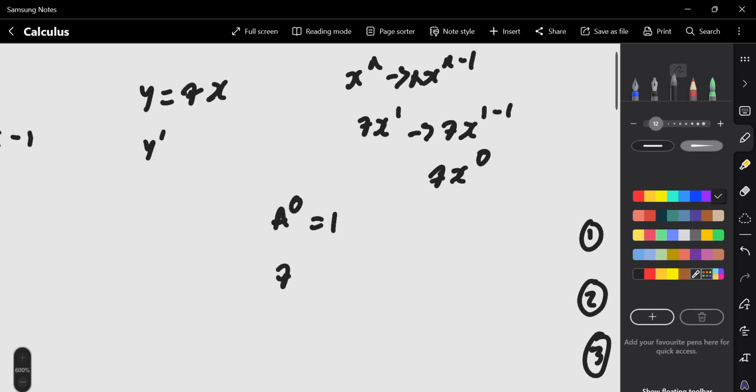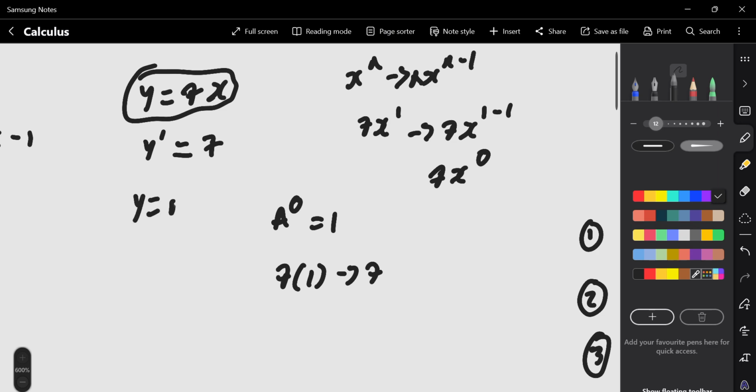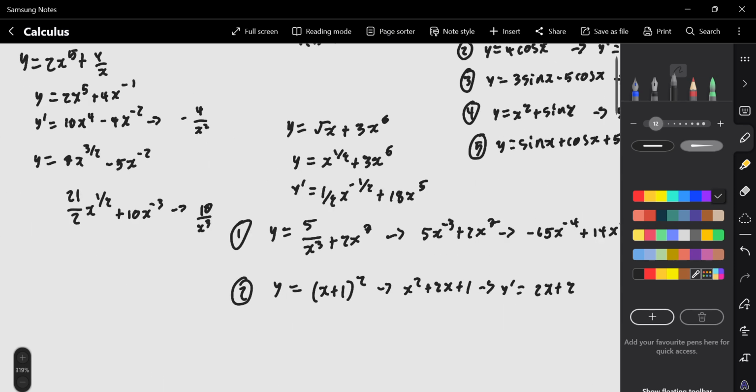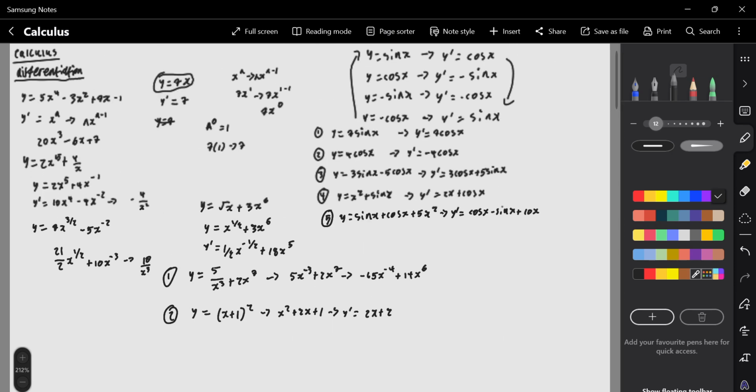So we just have 7 lots of 1, which is just 7. So whenever you see y equals something x with no power, the derivative is just going to be whatever's in front of it, the coefficient, which is just going to be 7. And similarly, when you have y equals 7, we don't have a power of x, so it's just going to go away. Cool. And that's really helpful at reducing higher order derivatives, basically.